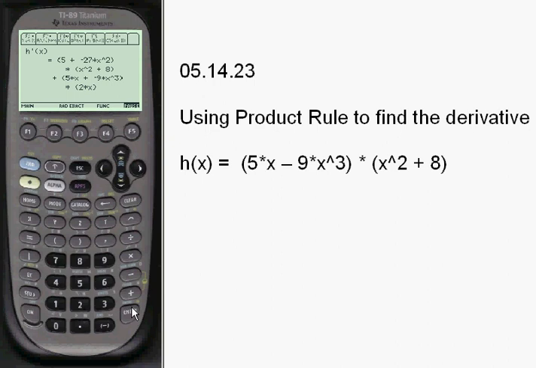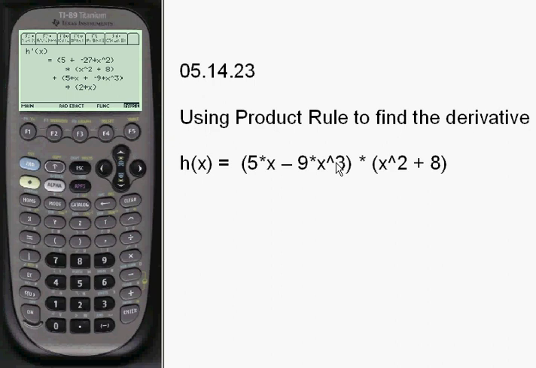So you write this down, then I substitute the proper functions. For instance, this is the derivative of the first function. Notice 5 is the derivative here, and then 3 times negative 9 is minus 27, and then subtract 1 from the 3 here.